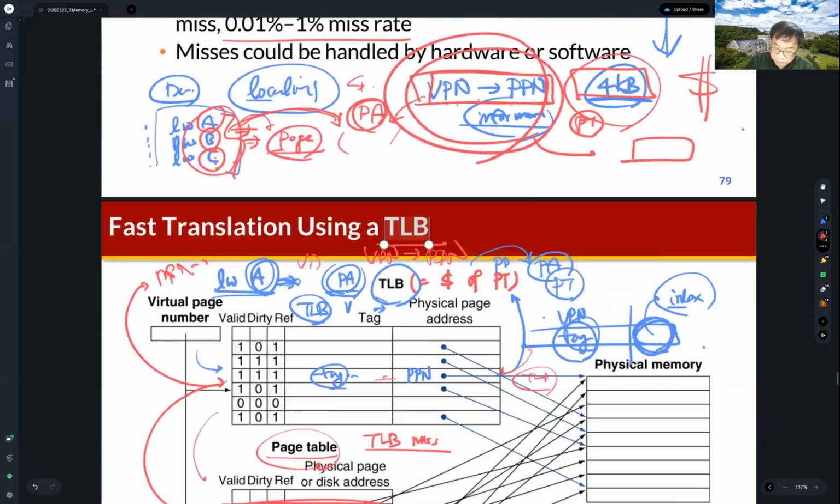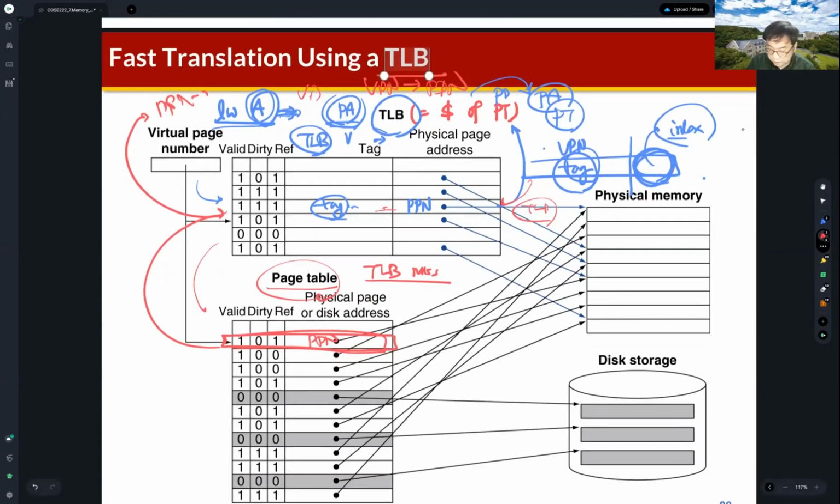Once the page mapping information is used, this mapping, the virtual page number to physical page number mapping, can be cached in the TLB, and the next time we can find this mapping information in the TLB with high probability.